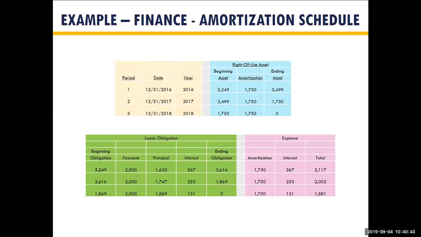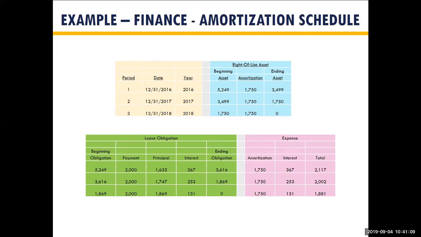Let's say the facts changed a little bit and we actually had a finance lease. Let's say it was a specialized piece of equipment, so we had to put it as a finance lease. The initial recognition, the $5,249, is the same for both the right of use asset and the lease obligation, but you can see the expense recognition is different. Now we have straight line amortization of that asset.